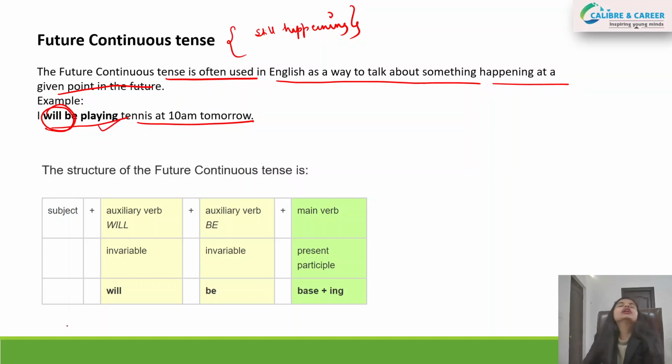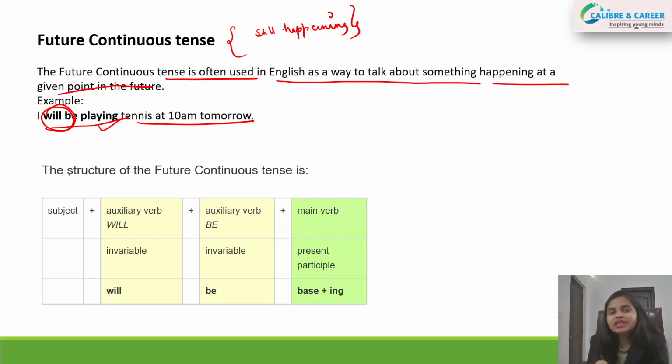Or how can you convert this into past tense? I was playing tennis at 10 a.m. yesterday. This can become past continuous. So when you can mold the sentences with respect to tense, you have understood the concept. You must know this topic very clearly, because you should identify which tense the given sentence is in, whether present or past.